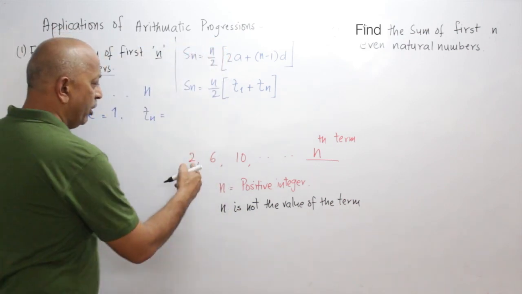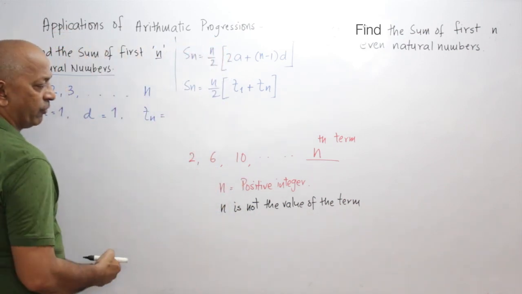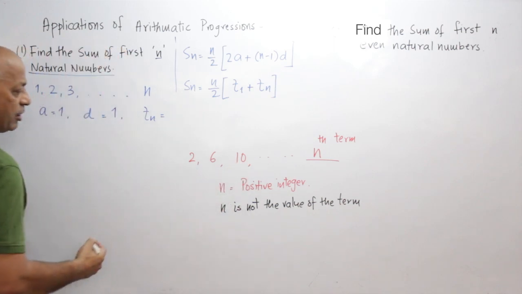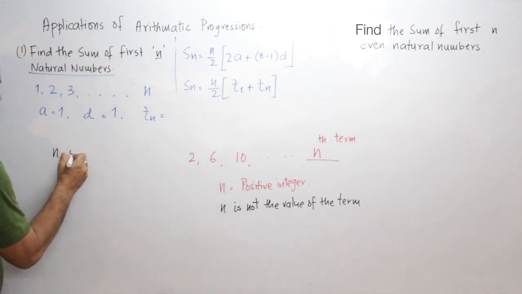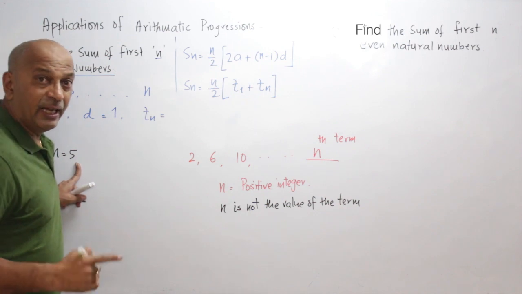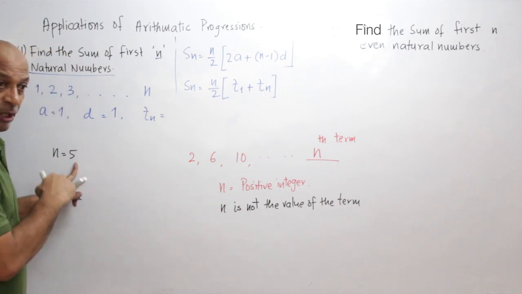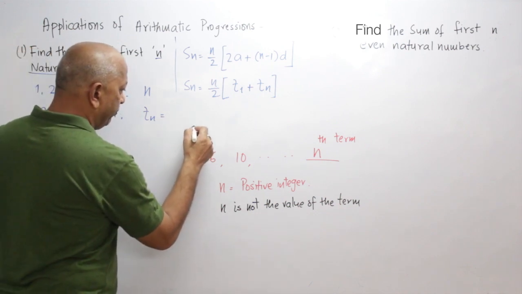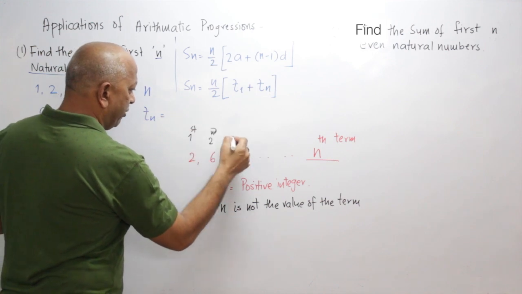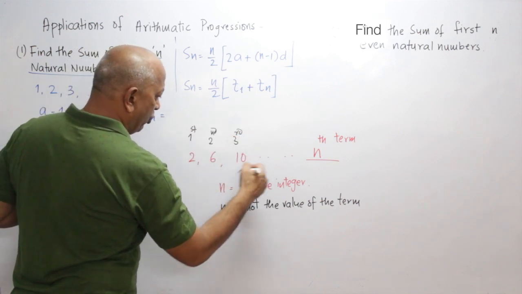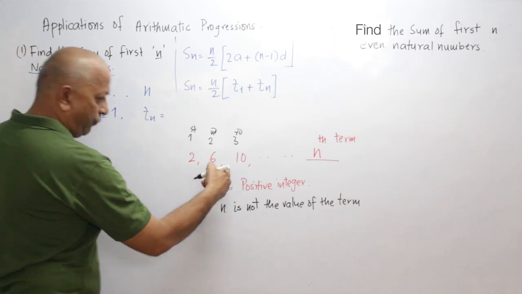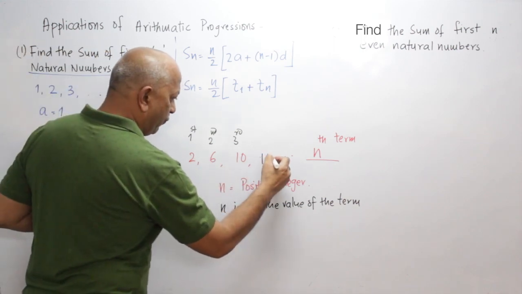For example, suppose n is equal to 5, या केस मध्ये म्हणजे काय आहे? Fifth term. This is the first term, second term, third term, fourth. See the common difference is how much? 4. So this is going to be 14.